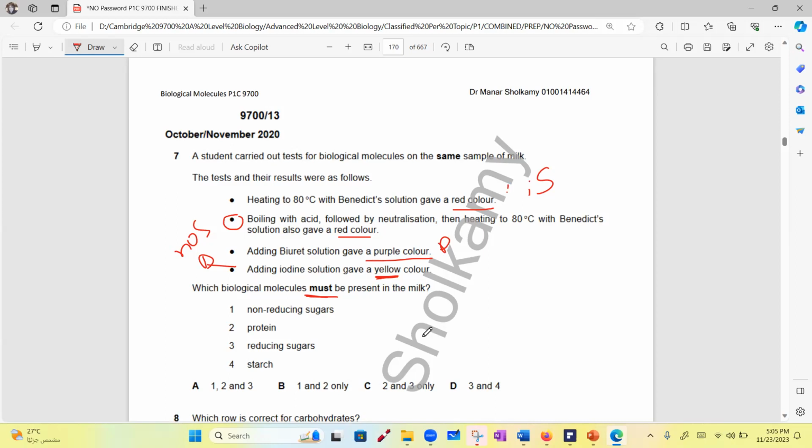But non-reducing sugars, I'm not sure. So one is not necessary. So I will exclude A and B. And then I have C and D. Which answer do you think? 2 and 3, protein, or 3 and 4. No, it is C, because we said that there is no starch. Remember?